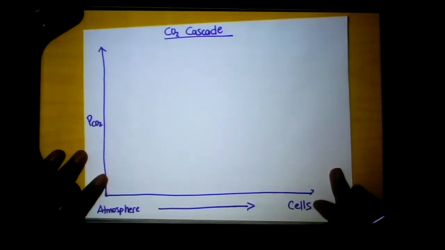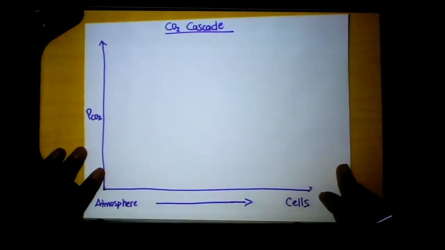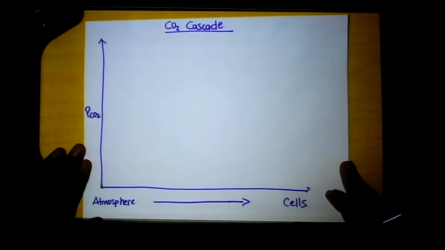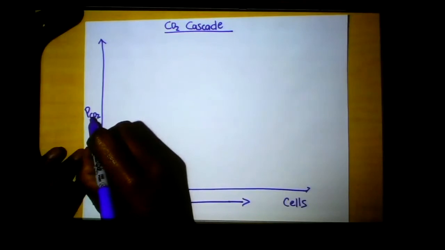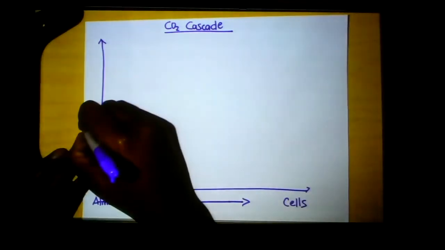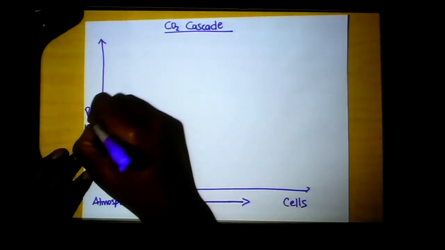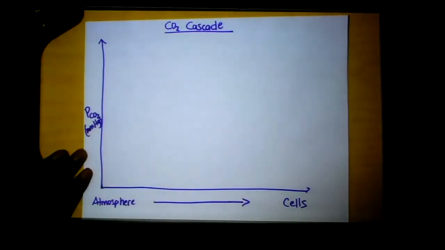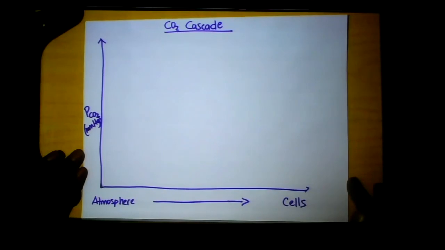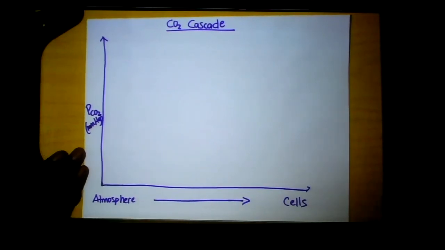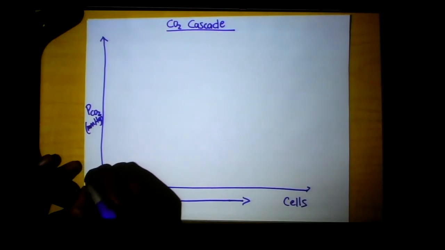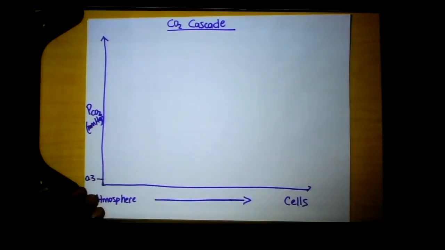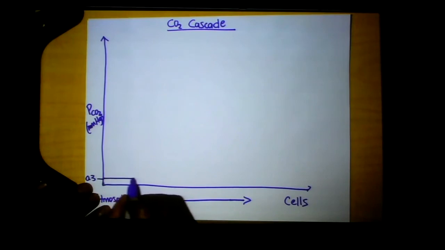I'm sorry, CO2 cascade. All right, so this is the partial pressure of CO2, and that's again in millimeters of mercury. Okay, so we start off here at about 0.3 millimeters of mercury, and this is in the atmosphere.